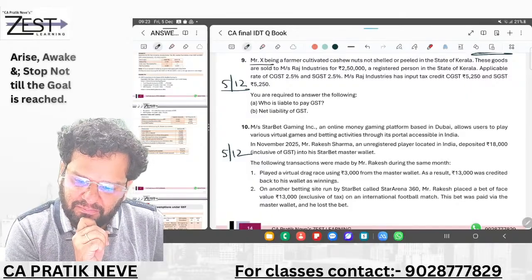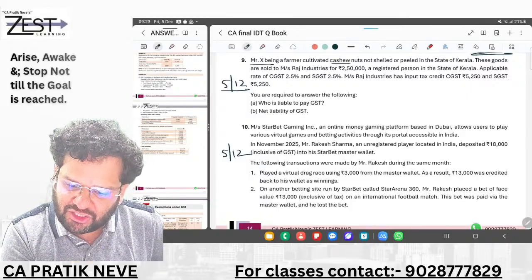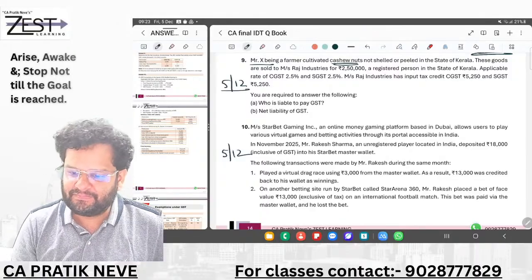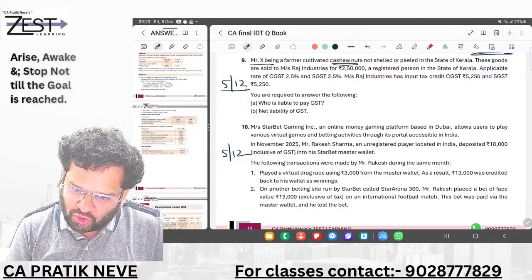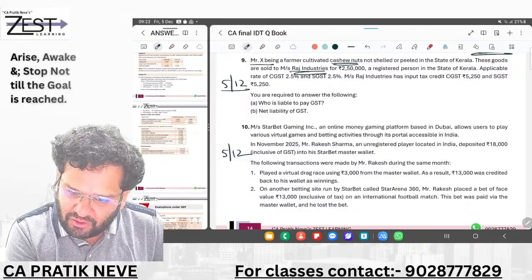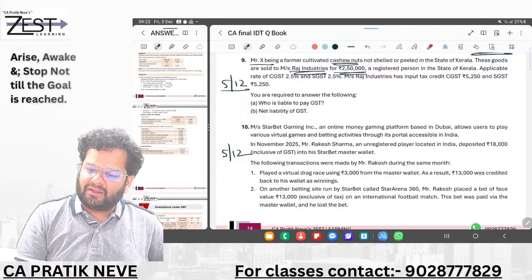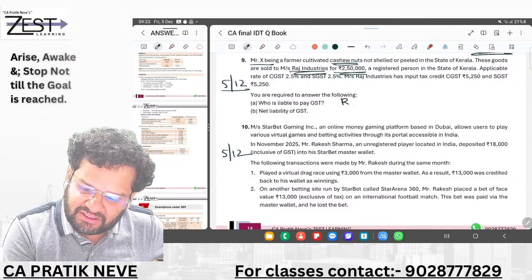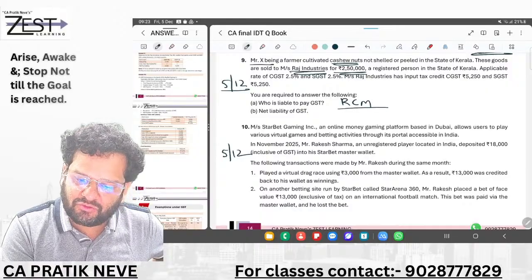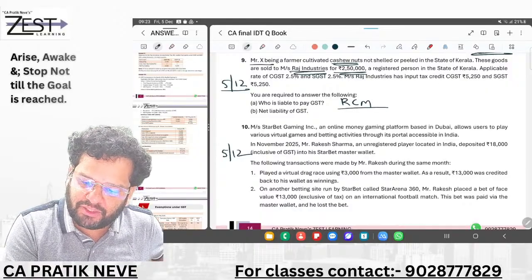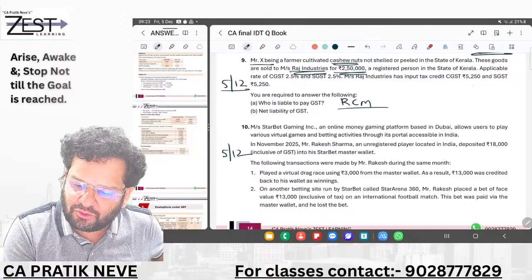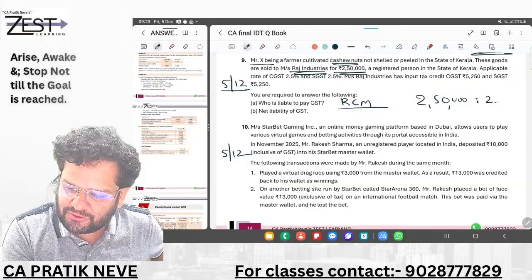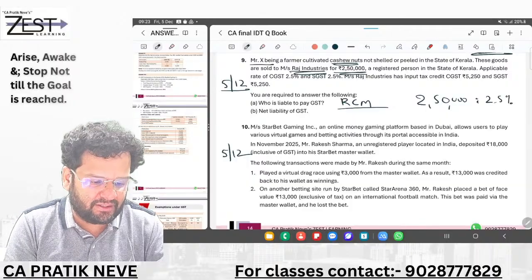Okay. Next. Mr. X, being a farmer, cultivated cashew nuts, not shelled or peeled, in the state of Kerala. These goods are sold to Raj Industries for 2,50,000, a registered person in the state of Kerala. So friends, in such cases, there is an RCM. So it will be the liability of Raj Industries to pay GST on 2,50,000 at 2.5% each, CGST and SGST.